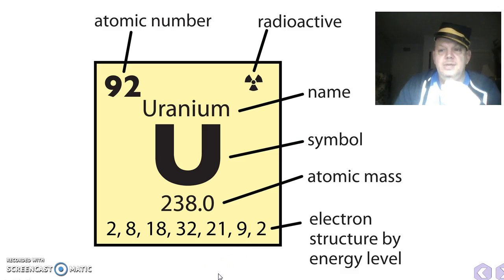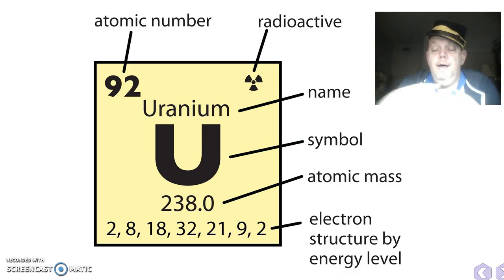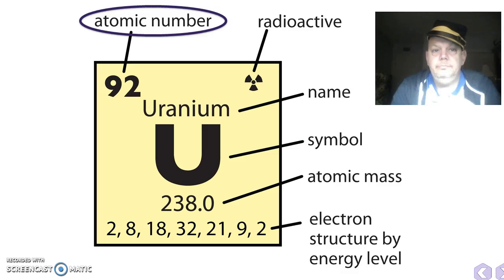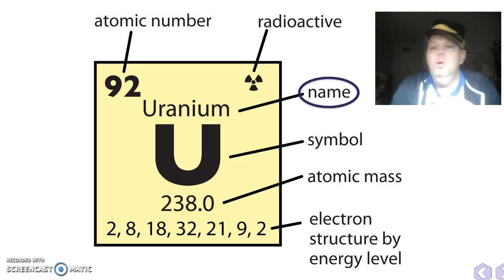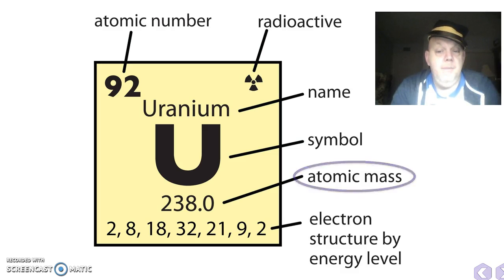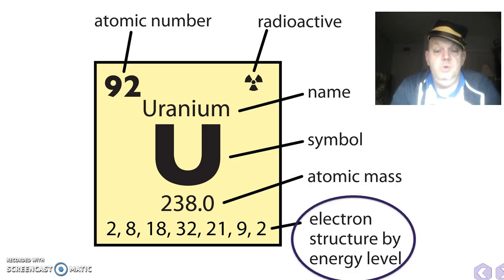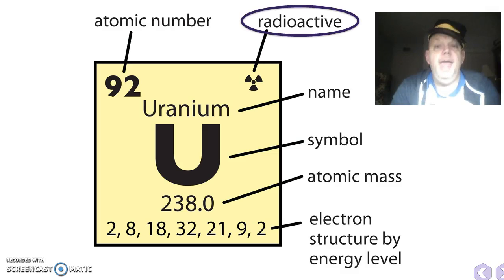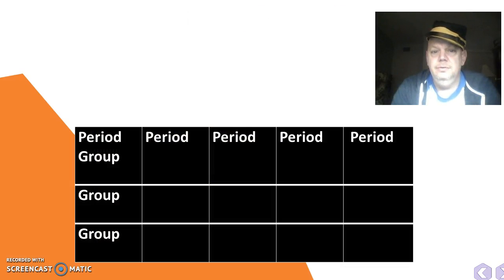Wow, what can I say about that? But that kind of gives you the idea of how the electrons are arranged in a typical uranium atom. So we have the atomic number, we have the name, we have the symbol, we have the atomic mass, and we have the electron structure by the energy level. And last but not least, radioactive, for all you Fallout 4 fans.